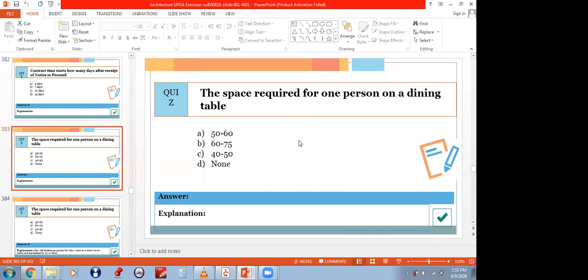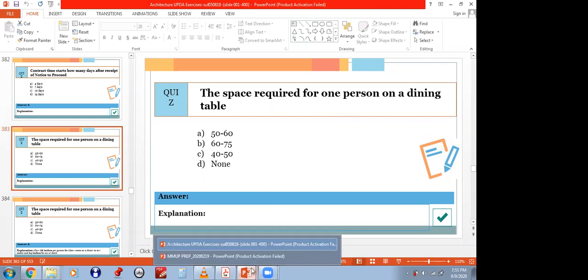Maybe A. Huh? A? Are you asking for the size of the table? The size for one person. The space required for one person. 50 to 60, I think. How much? 50, I don't know.